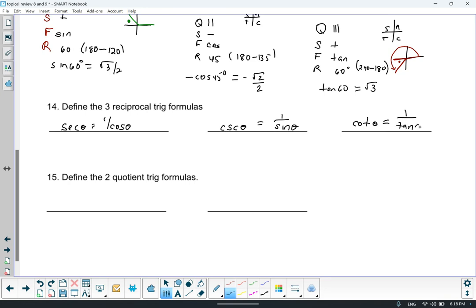And these are, again, things that you have to memorize and use for a long time. Tan of theta, those are the quotient functions, so think dividing, is sine of theta over cosine of theta. And cotangent of theta is the reciprocal, so its quotient function is cosine of theta over sine of theta.